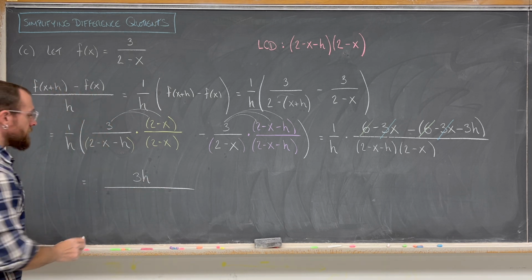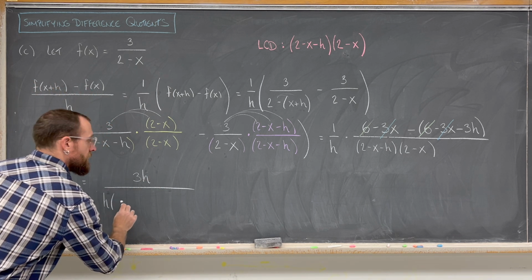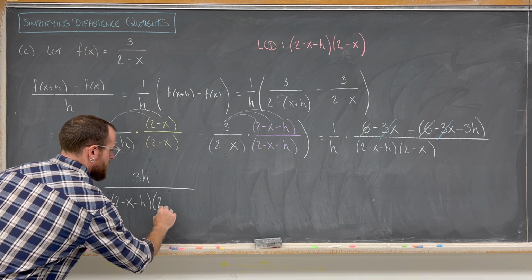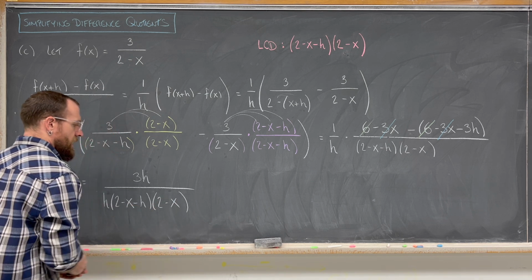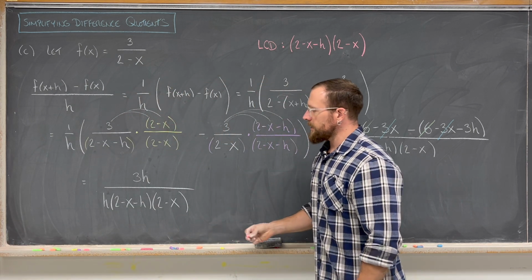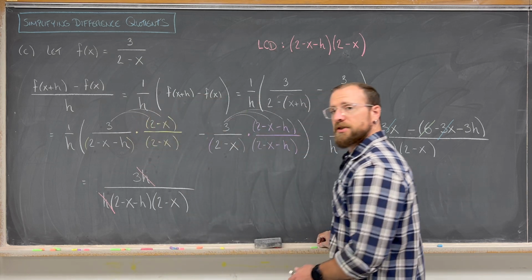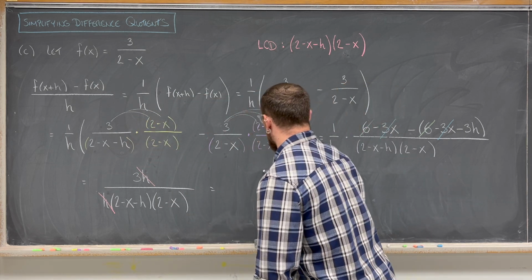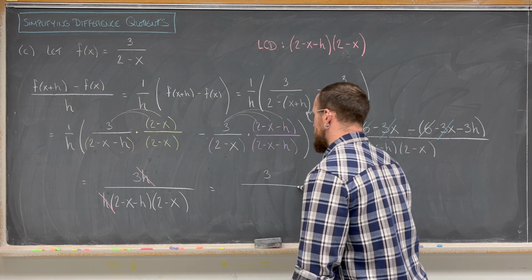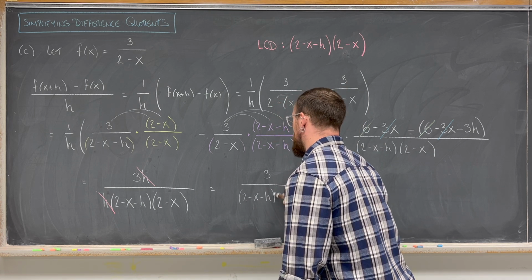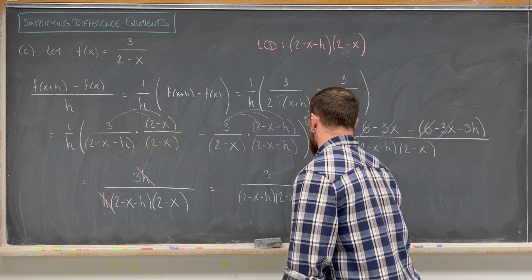And what's the denominator? Well, it's h times 2 minus x minus h times 2 minus x. And maybe you see the final move here. The final move is to cancel this h and this h, and that leaves you with your final answer. Just to write it out, that would be 3 divided by 2 minus x minus h times 2 minus x.